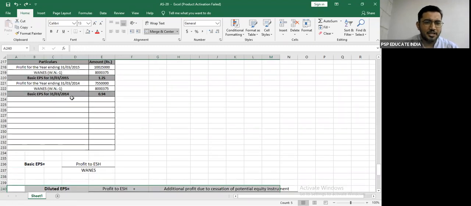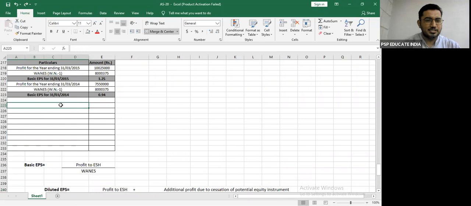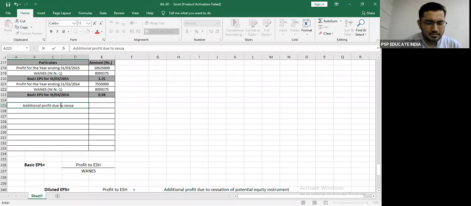And then we will calculate our diluted EPS. So next you have diluted EPS. We will have to calculate the diluted EPS. Now for diluted EPS, you will have to first find out additional profit. So additional profit due to cessation of potential equity instrument.